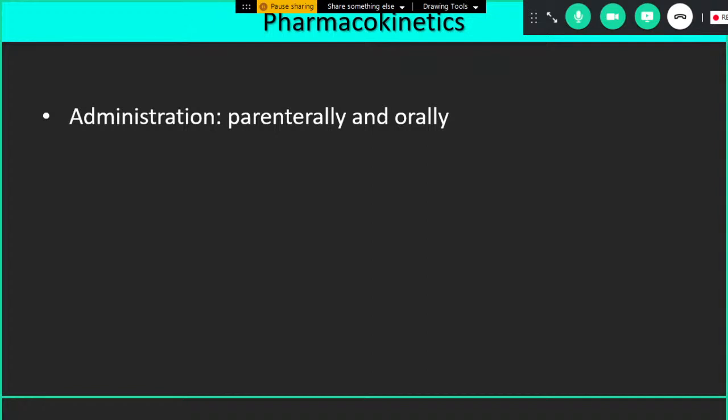Usually the fourth and fifth generation are given parenterally. Apart from that, third, second and first generation are also given orally. This is important because patients who are ambulatory or on daycare surgery can be given oral antibiotics also.